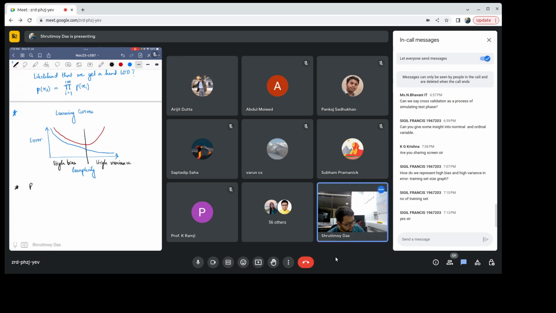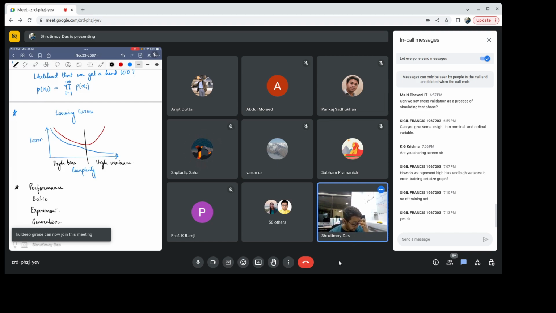So your performance system, critique, and experiments. These are the points, right? After experiment, these are your points.